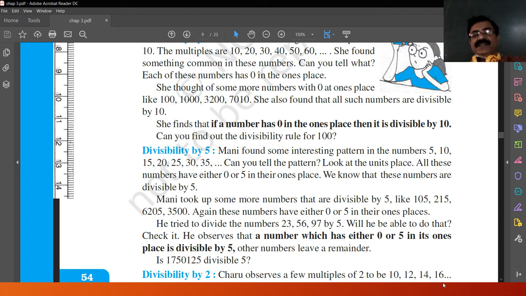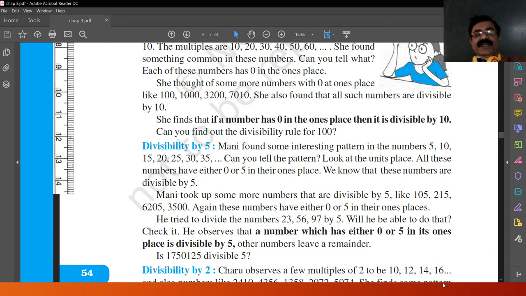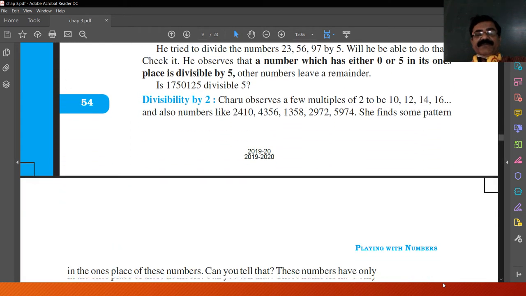The unit digit will be either 0 or 5, so that number will be divisible by 5.